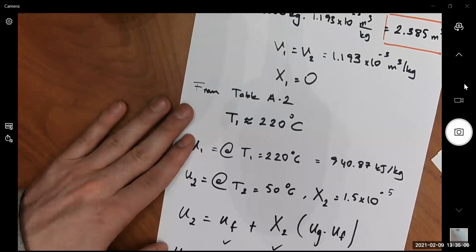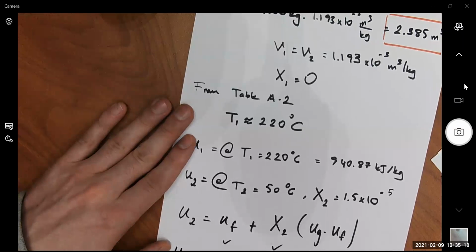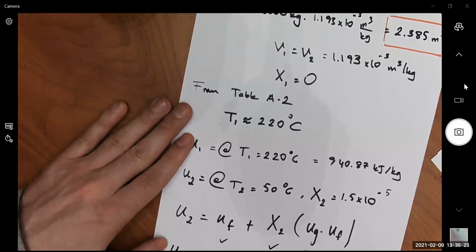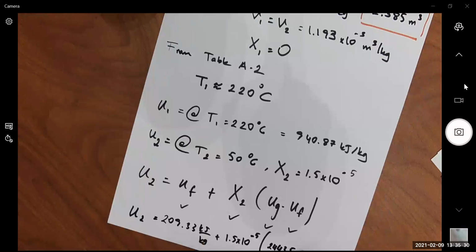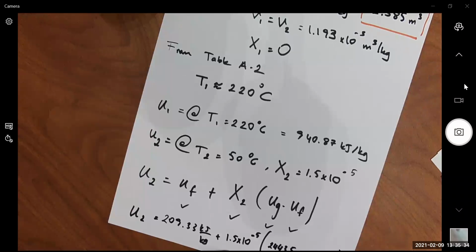U2 will be 209.32 kilojoules per kilogram, which is Uf, plus 1.5 times 10 to the minus 5 times (2,443.5 minus 209.33) kilojoules per kilogram.